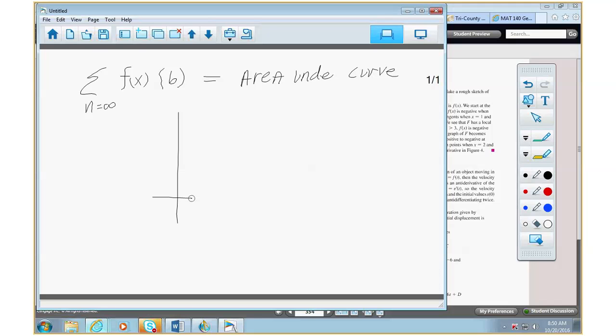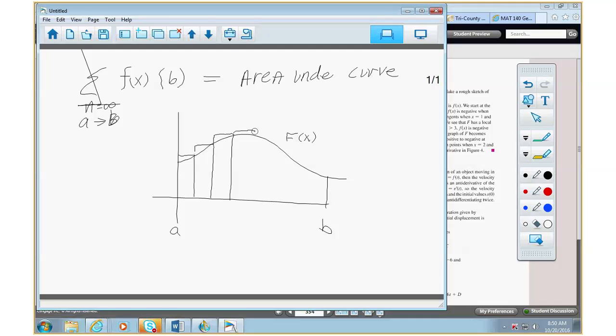And f of x, and you can put down here a to b, and a to b would be from 0 to that right there, so f of x is right there times whatever this base is right here.